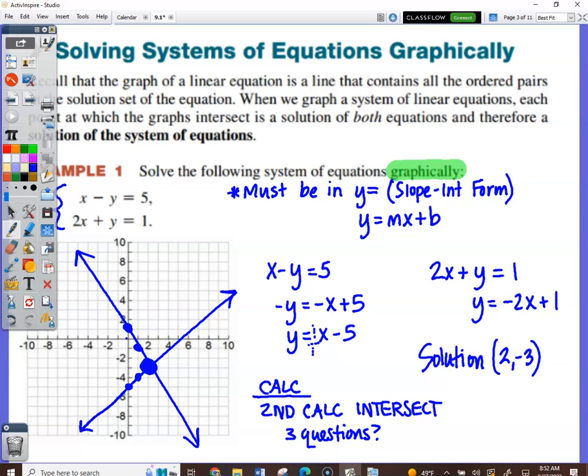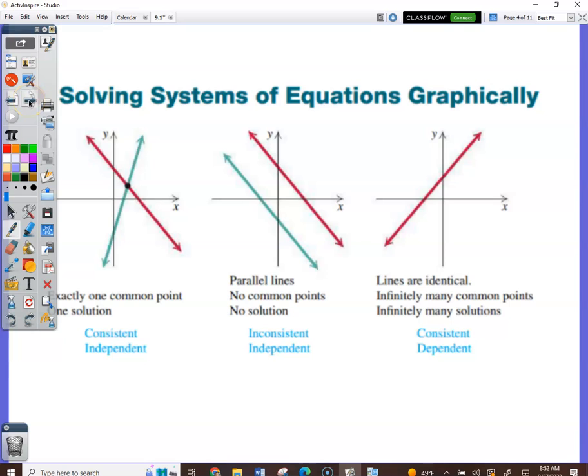When you're graphing, and actually when you're solving any system of equations, there are special cases. This right here is when there is one solution. This is what you're used to. It means the lines will cross somewhere. They have one point in common.